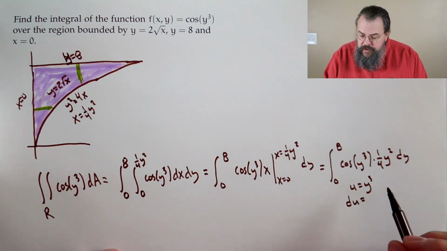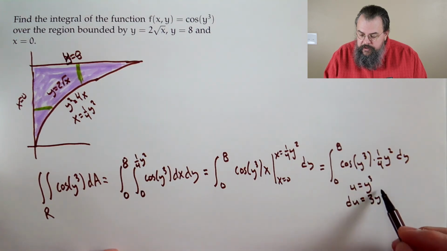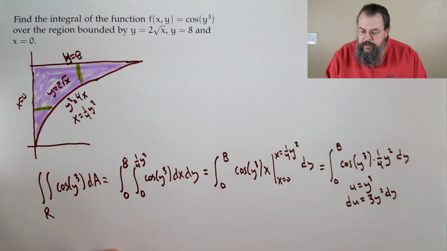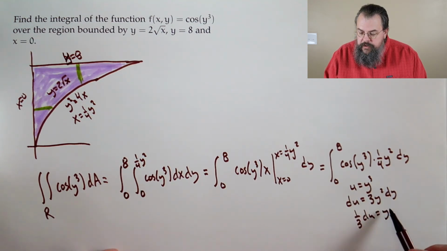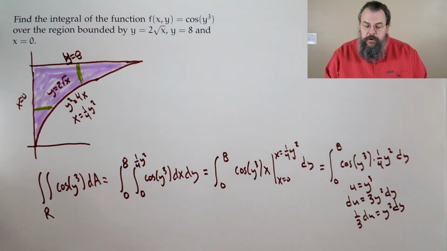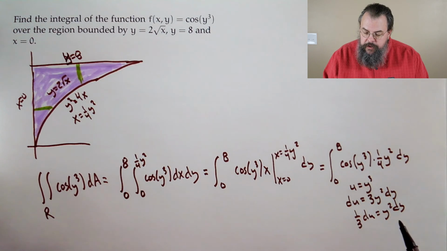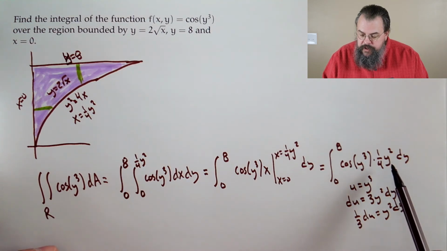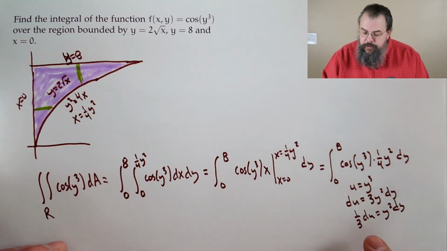Du becomes 3y squared dy, or 1/3 du is y squared dy. So we end up with 1/3 times 1/4, which will give us 1/12.